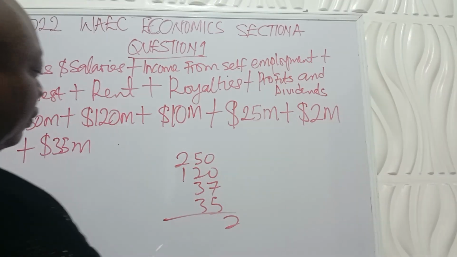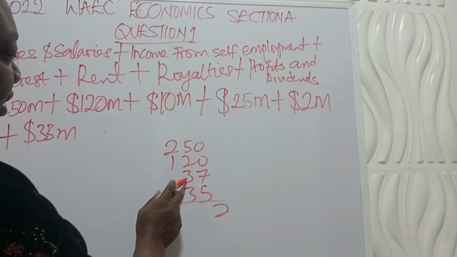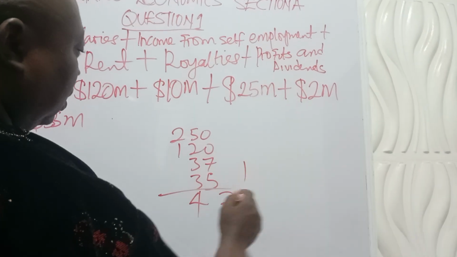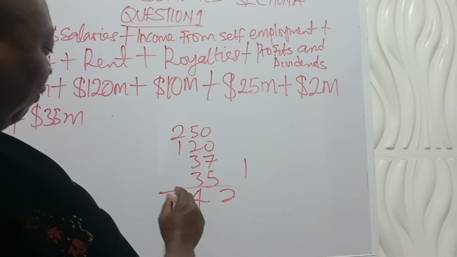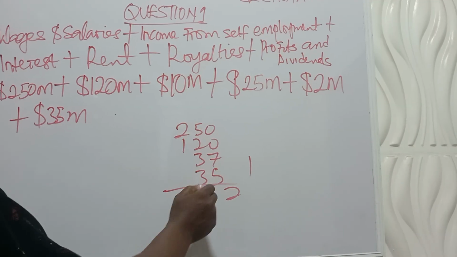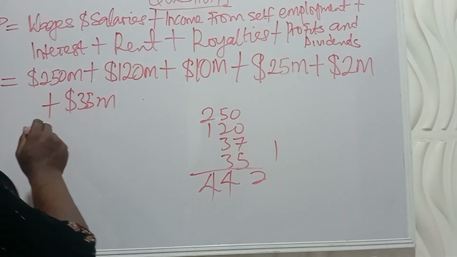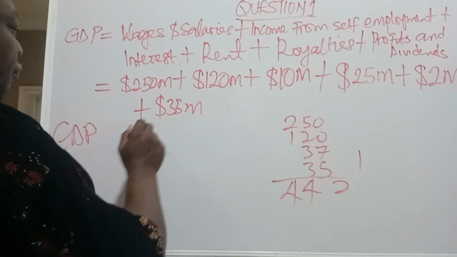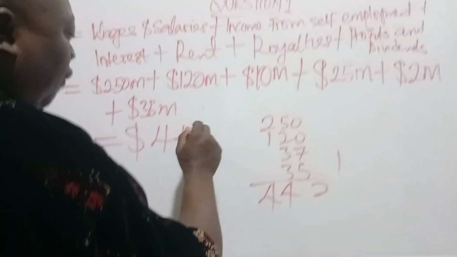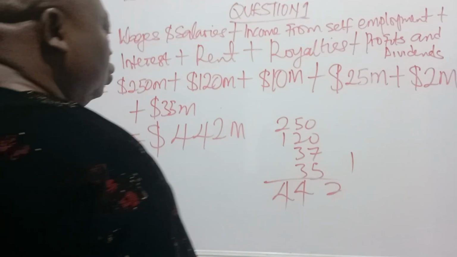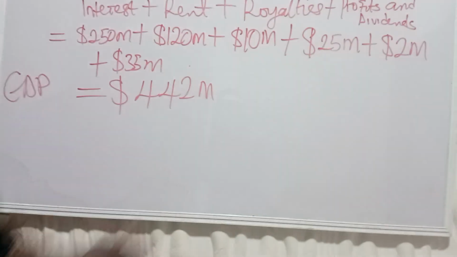This will give you 12, 6 plus 7 is 13, plus 1 is 14. So the value for GDP is $442 million. Is this clear?